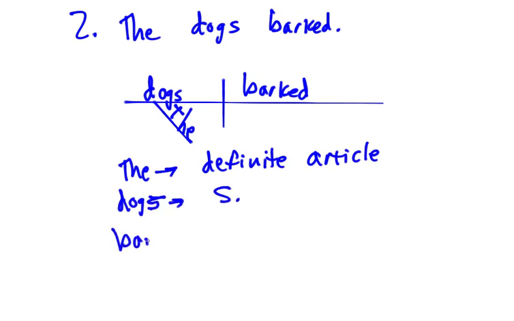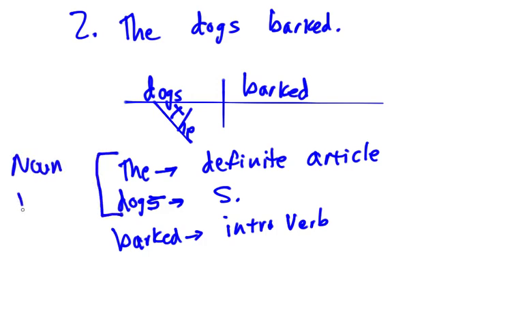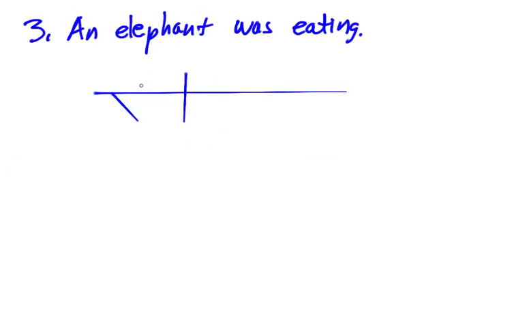And barked is our intransitive verb. Okay, this time we only have one phrase, it's the noun phrase. So a noun phrase bracket around the dogs. The dogs barked. Okay, let's see another.